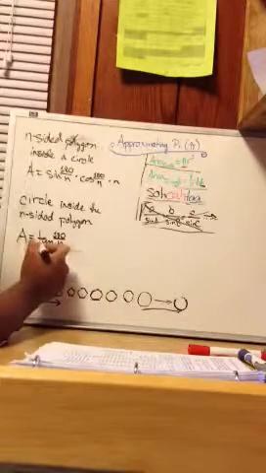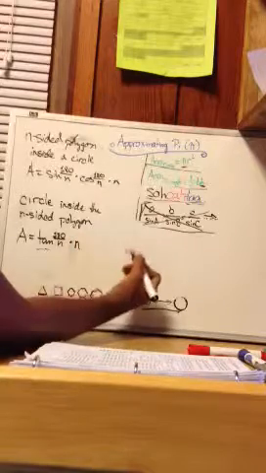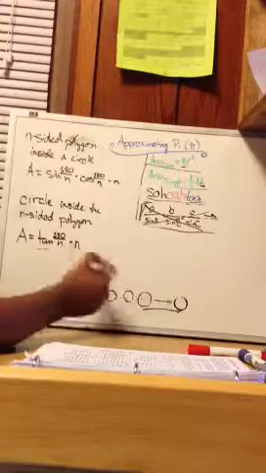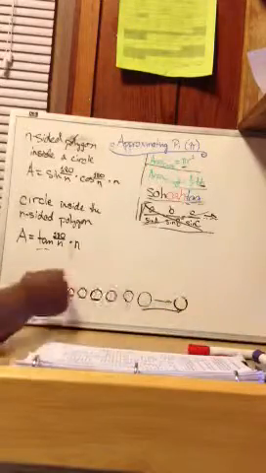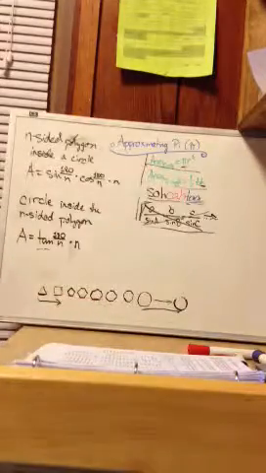And then this is just our smaller triangle, and we need to multiply it by the number of triangles that we have. So, there you have it. Approximation of pi. As the number of sides increases, the closer you get to the value of pi. And that's it.